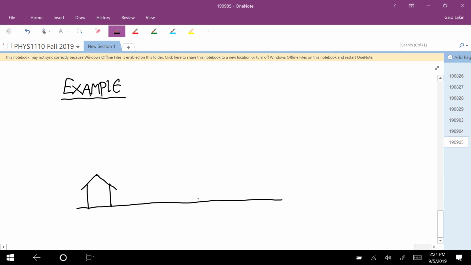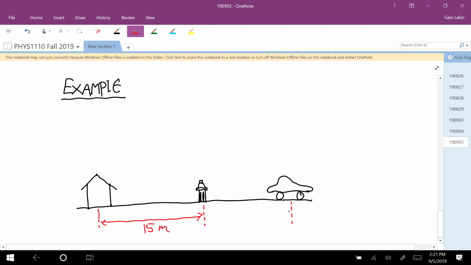And then 15 meters away from that, you have a fire hydrant. And then 10 meters away from that, you have a car. Okay, so this distance is 15 meters. This distance is 10 meters.